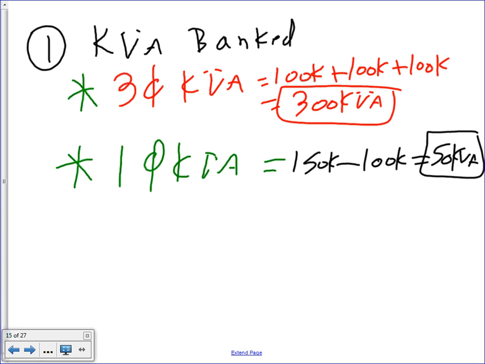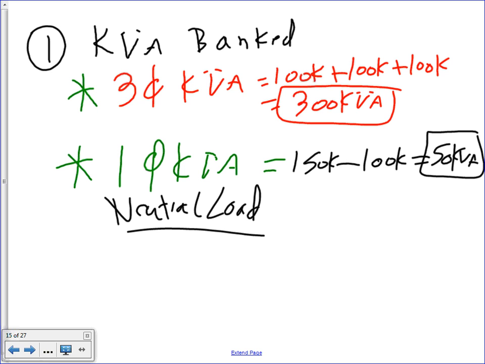They call this single phase kVA and neutral load. Neutral load. Why neutral load? Because that's just to tie phase A to the neutral.